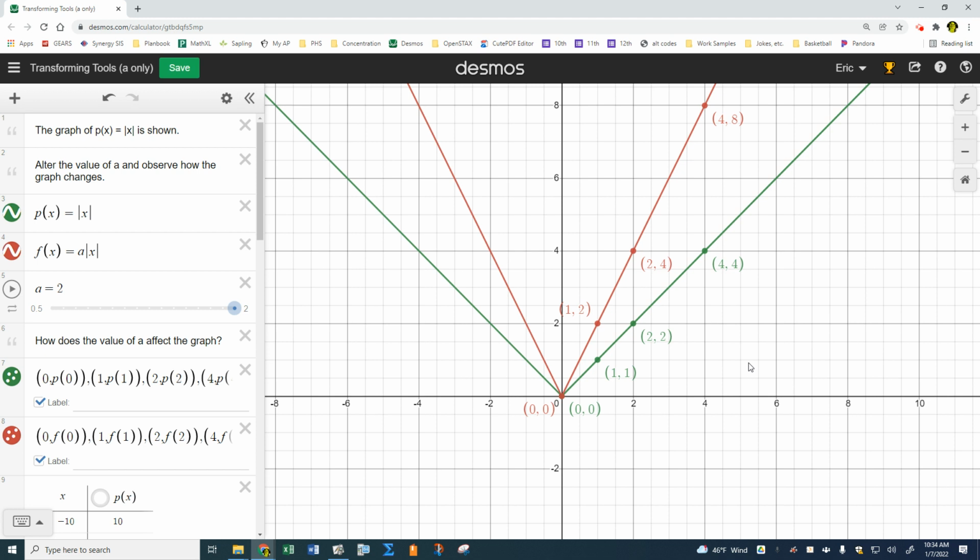So if I dial the dilation factor A back down to 1.5, then I'm just going to be multiplying my normal parent heights by 1.5, right? Make a prediction for me then. Where's this red point going to end up being? If I make A equal to 1.5, I'm going to go over 4 and up how far?